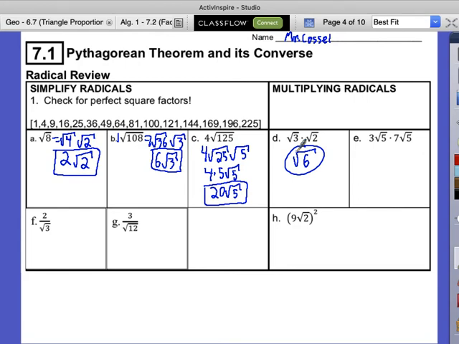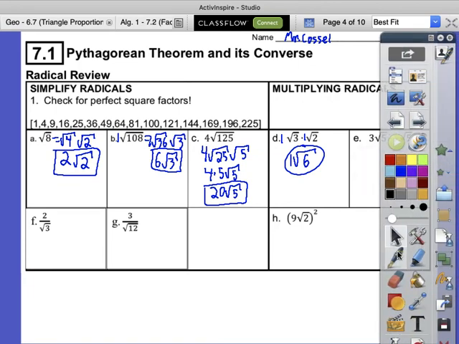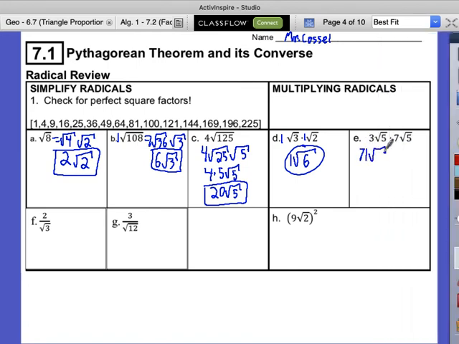Now, what we end up doing here is essentially 1 times the square root of 3 times 1 times the square root of 2. So 1 times 1 is this 1 out here. What is 3 times 7? 21. And what's the square root of 5 times the square root of 5? The square root of 25, which is the same thing as normal 5.